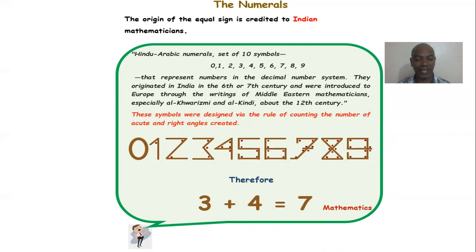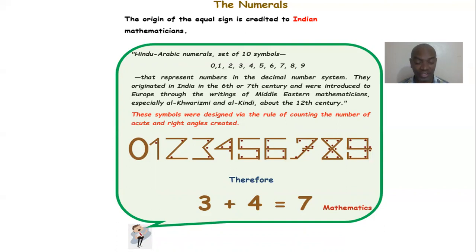But in India, and it went on to the Arabic nations, the origin of the equal sign is credited to Indian mathematicians. As Google says, Hindu-Arabic numerals are a set of 10 symbols: a round circle, a horizontal line, a zigzag we call 3, and 2, 1, and 3, and this one is 4, 5, 6, 7, 8.